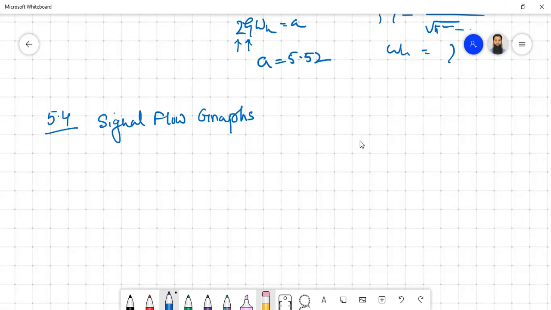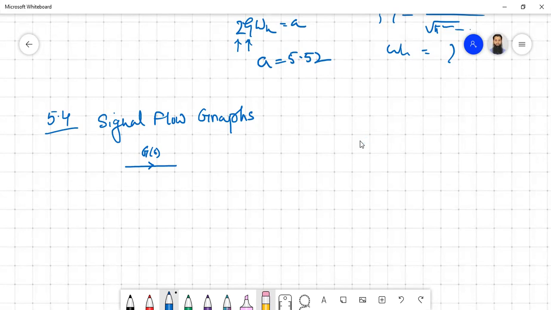Basically, for the signal flow diagram, the system is represented by a line with an arrow. We call it a branch. You have to give the transfer function, any transfer function, say G1, G2, G3, H1, whatever it is, using this arrow or branch.